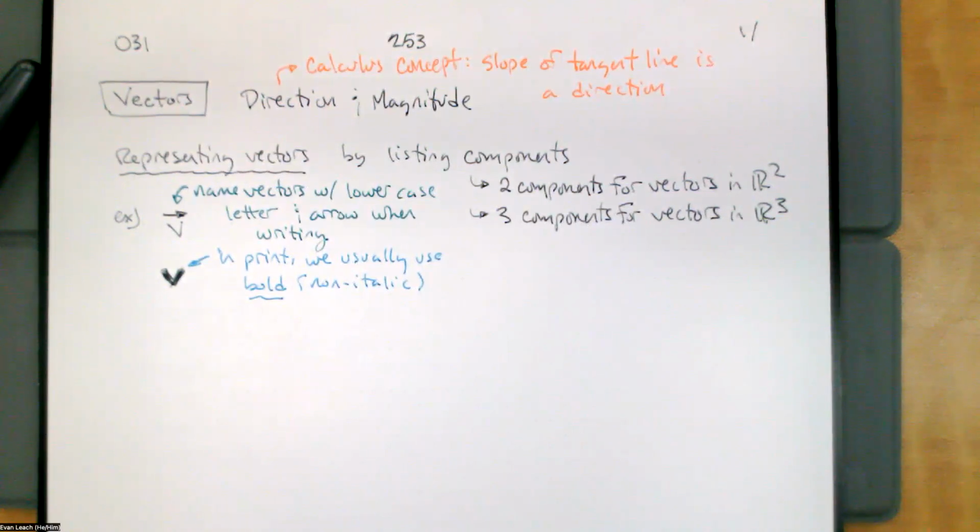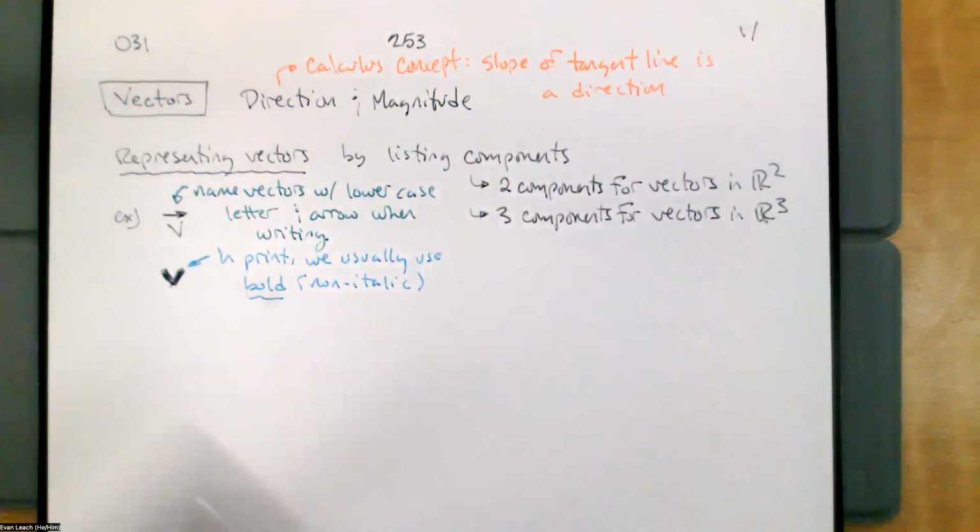So when we're writing down vectors, we just put an arrow over the top, and that's how we'll indicate a vector. This is to differentiate from scalars.